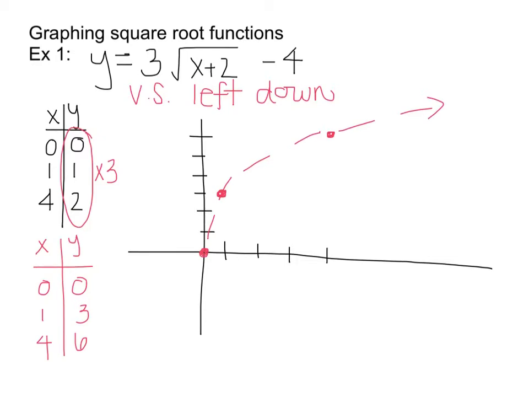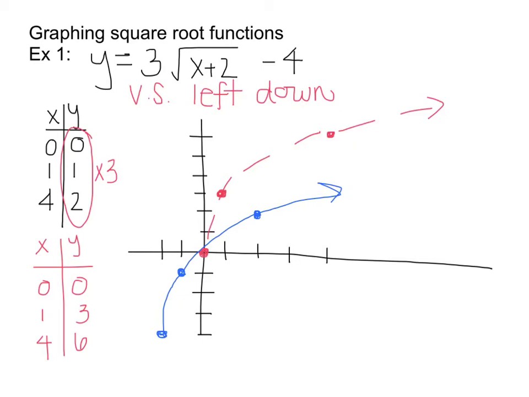Now I need to move the points to the left 2 and then move them down 4. Left 1, 2, down 1, 2, 3, 4. Left 2, down 1, 2, 3, 4. And your final graph.